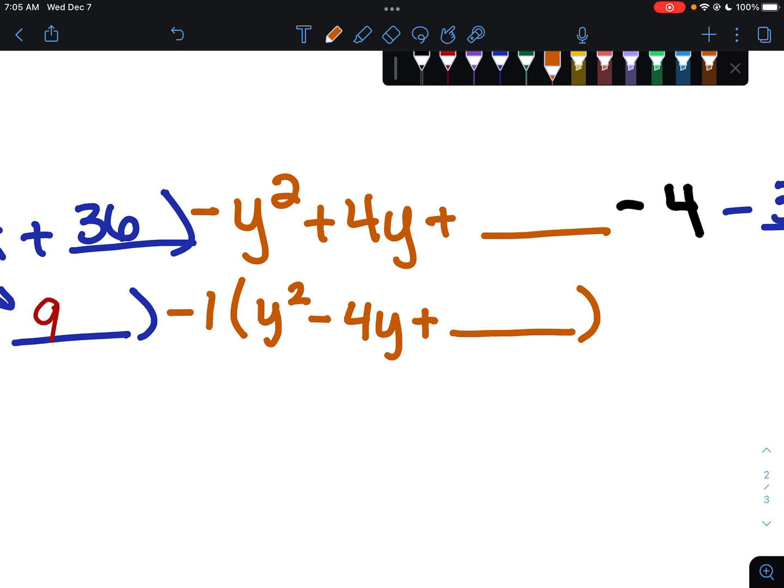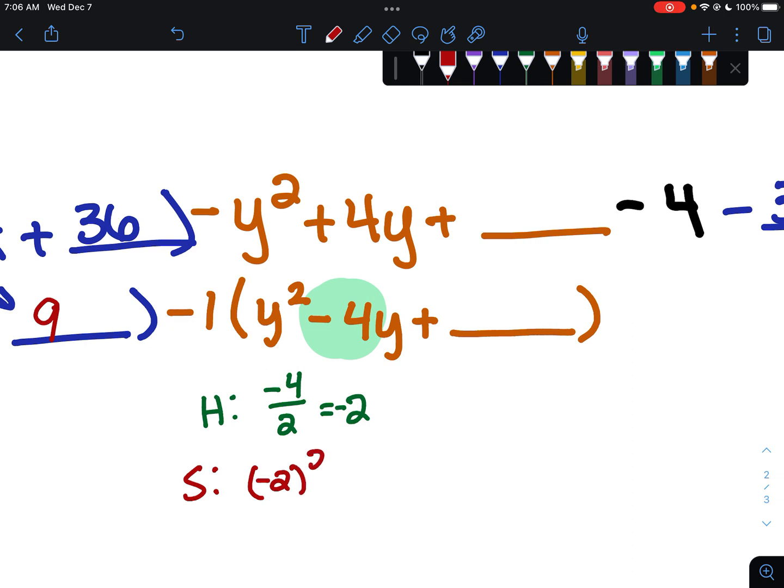So we're going to take this term right here, and we're going to take half of it. So half of -4 is -2. Then we square it. When we square it, we have to make sure that that negative goes inside the parentheses, and we get +4.